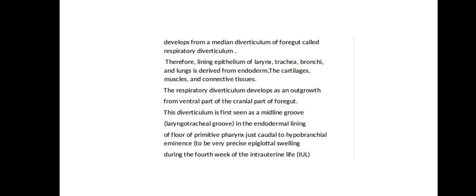We've just said that the respiratory diverticulum developed as an outgrowth from a ventral part of the cranial part of the foregut. Now, how is this laryngotracheal tube formed? This diverticulum is first seen as a midline evagination known as respiratory diverticulum, or laryngotracheal diverticulum.